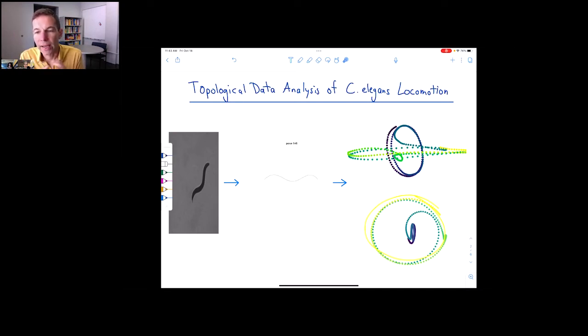And now we do something which is kind of the standard method in TDA for point cloud data, called the sliding window embedding, which is inspired by Takens' embedding and was really developed by Jose Perea in his PhD work.